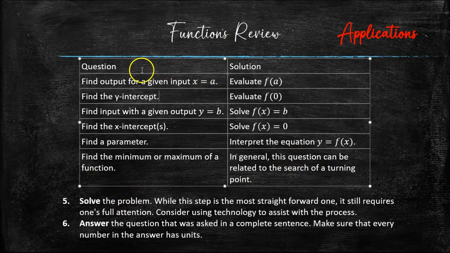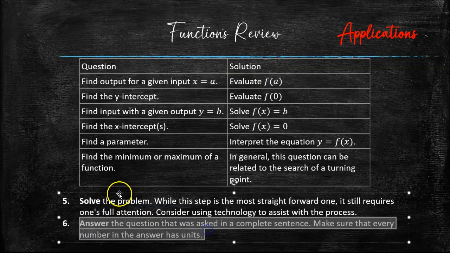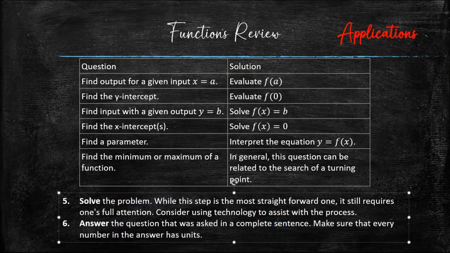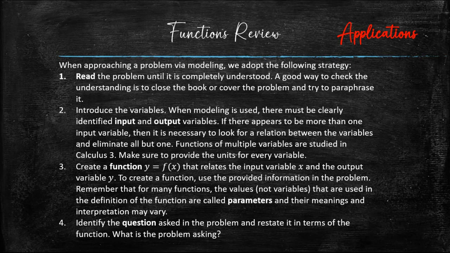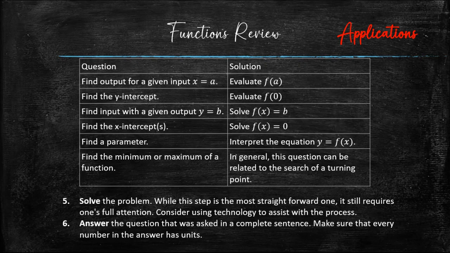Once you've identified the question and the solution method, you solve the problem. And at the very end, don't forget to answer the question that was asked in a complete sentence. So this is my guide to applications. And you should know at least one application for each type of function. Some of them are superficial, but you still need to know it.